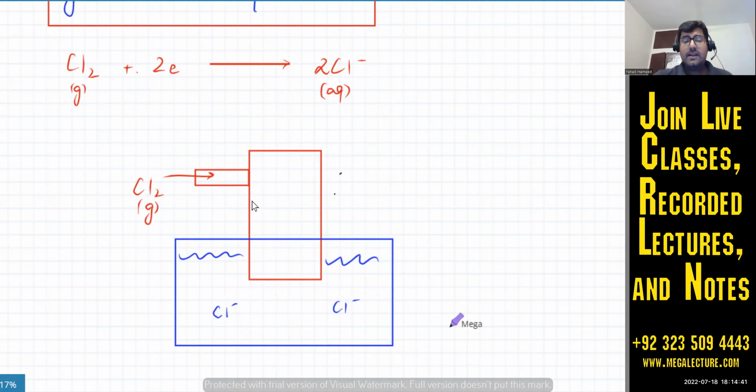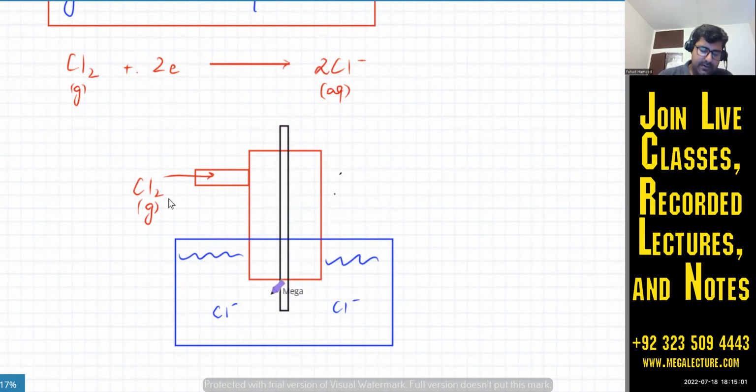Now, for an electrode, I need a metallic substance. Because if Cl2 likes to gain electrons, who is it going to take electrons from? For that, I'm going to place a platinum electrode inside the gas jar.